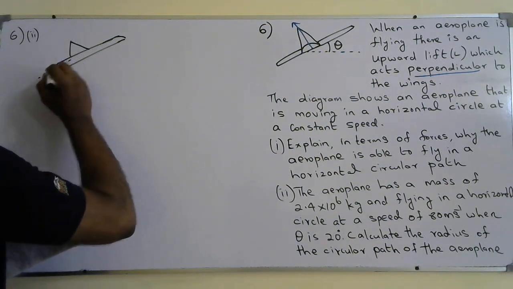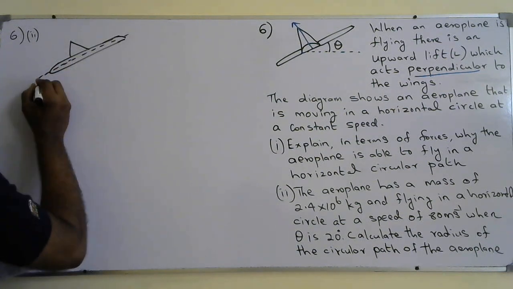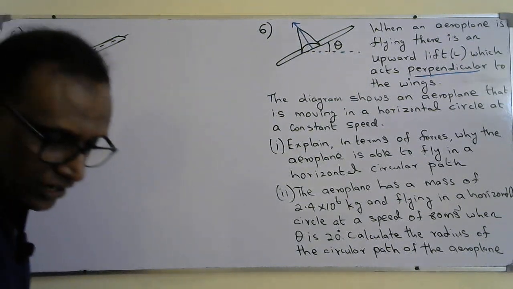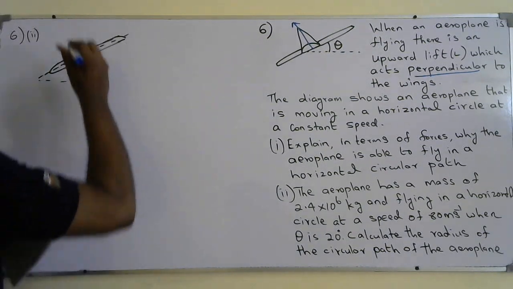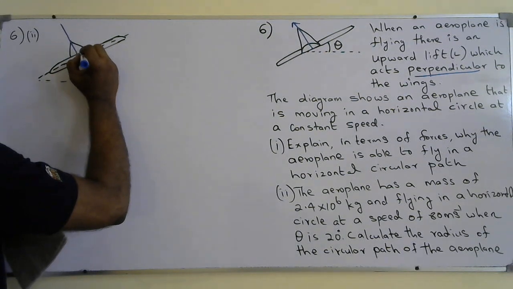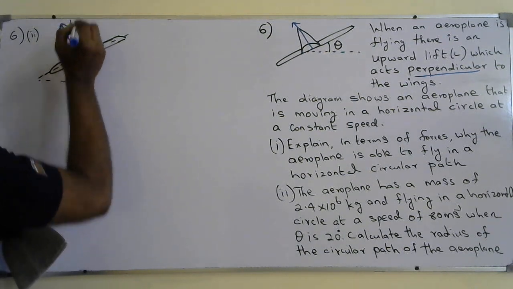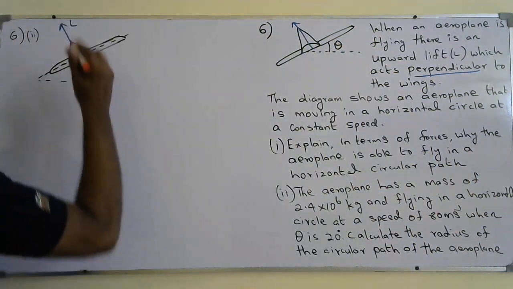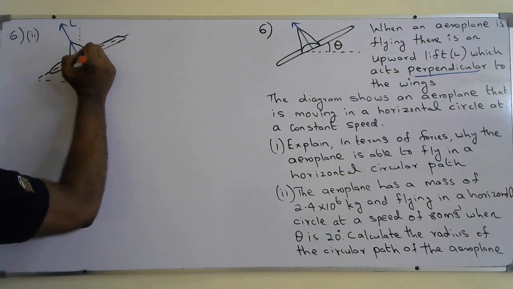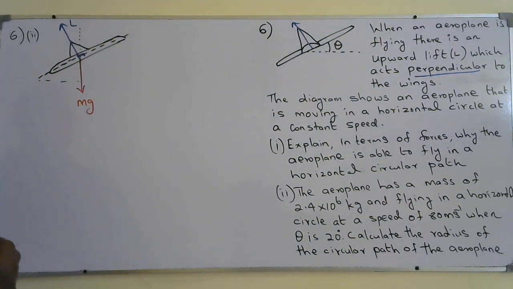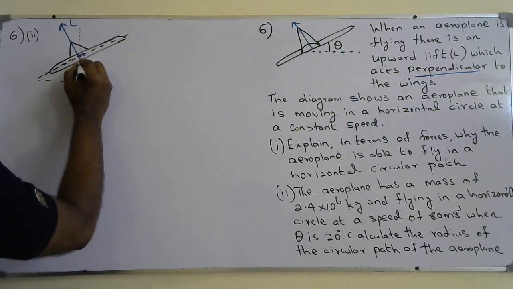So this line makes an angle with the horizontal. The weight will act vertically downwards, and the lift will be perpendicular to the wings, so this will be 90 degrees. This angle is theta with the horizontal line.